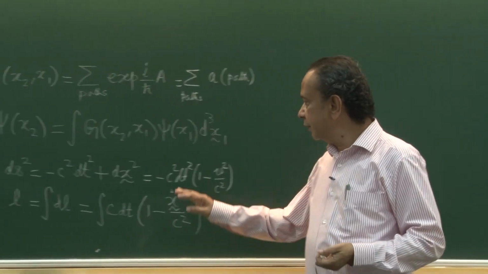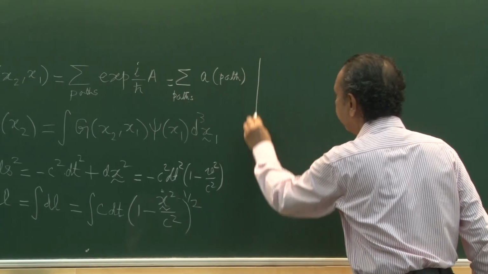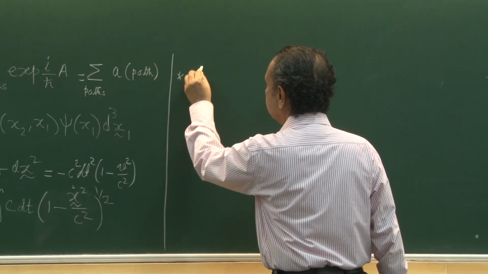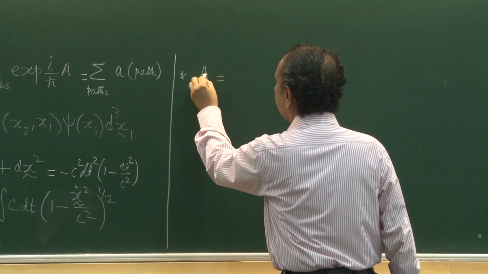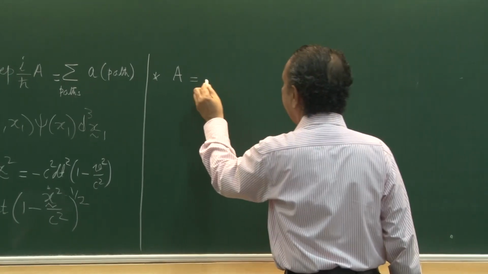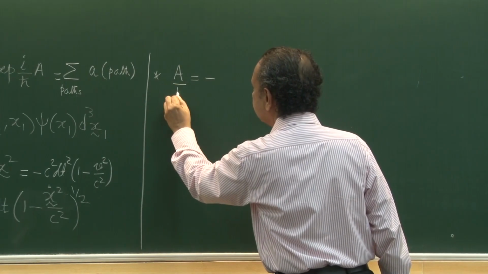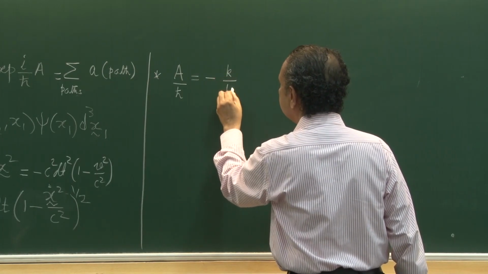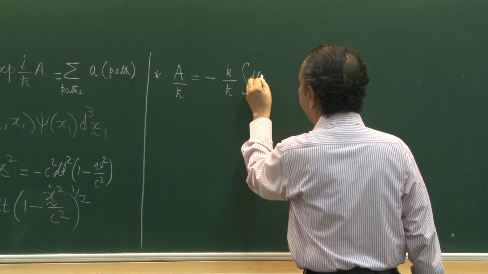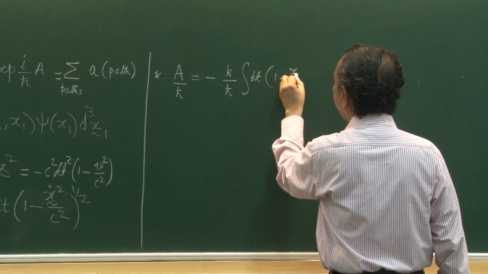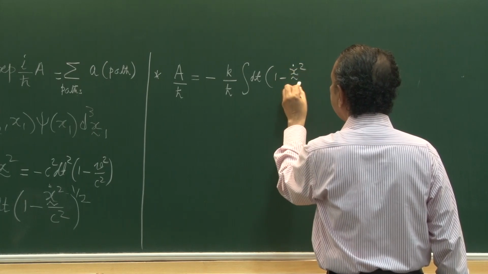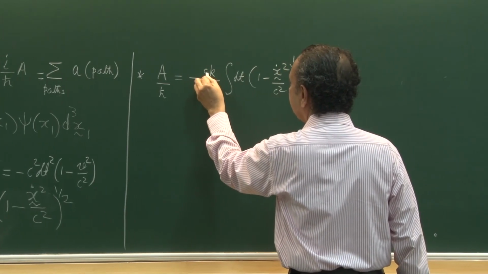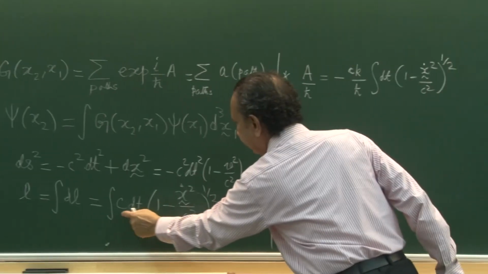Given this L, if I go and write down the expression for A, that is going to be minus k over h cross, which is what is going to appear here: minus k over h cross integral over dt of (1 minus x dot square by c square) to the power half times c. That c comes from this c dt.